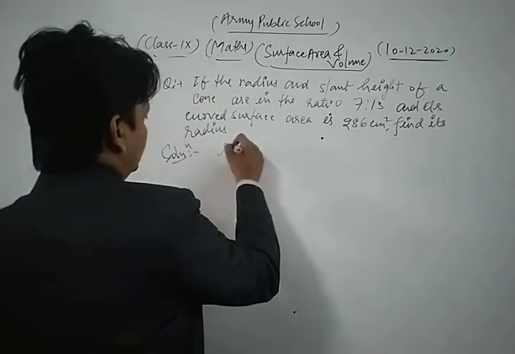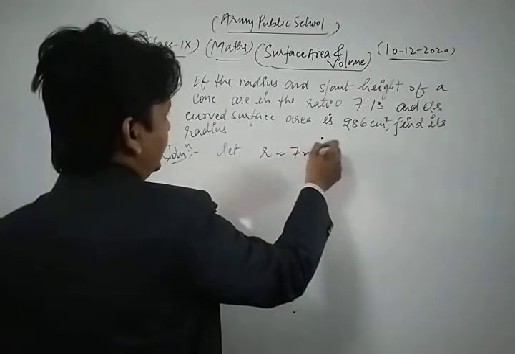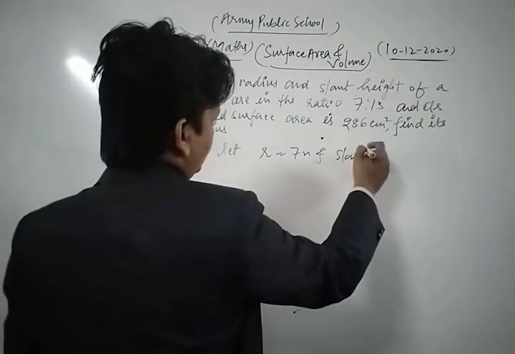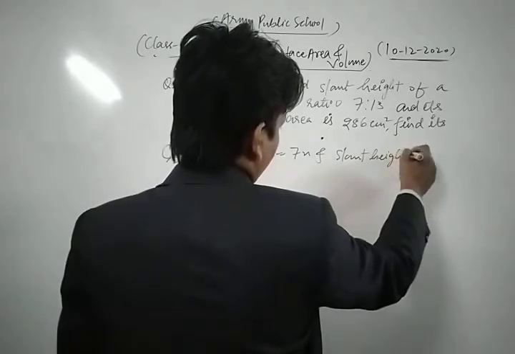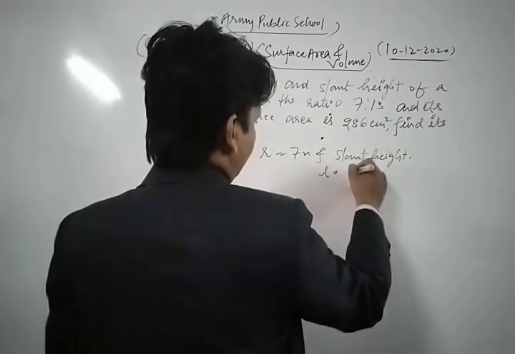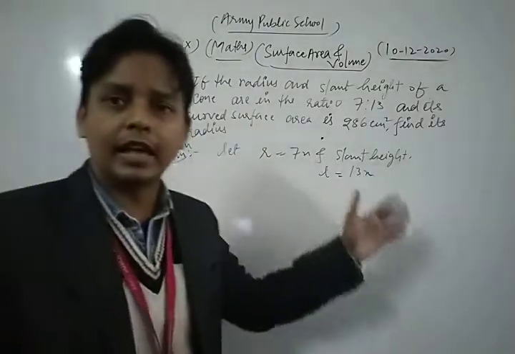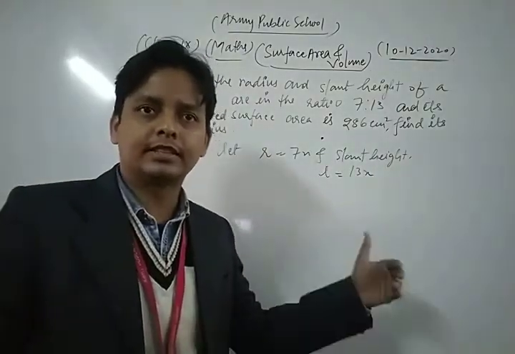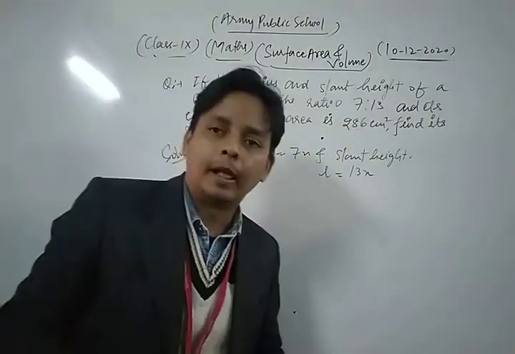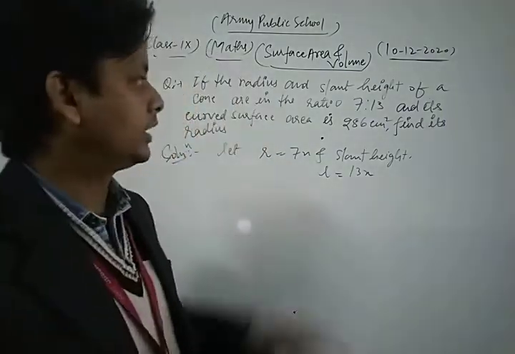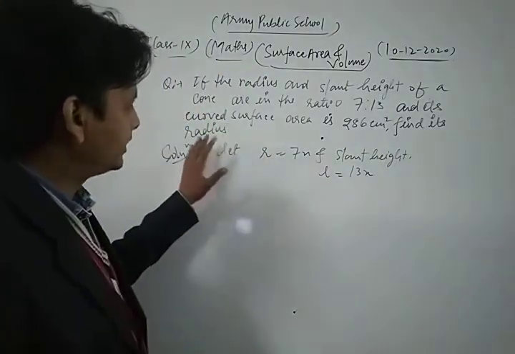So let the radius be 7x and the slant height L be 13x respectively, because in that question we have the ratio of the radius and the slant height of the cone. Now we find its radius.